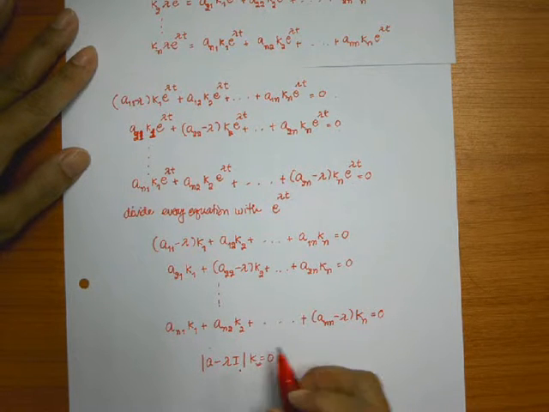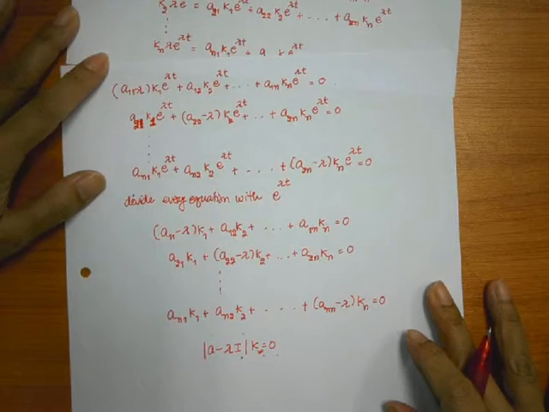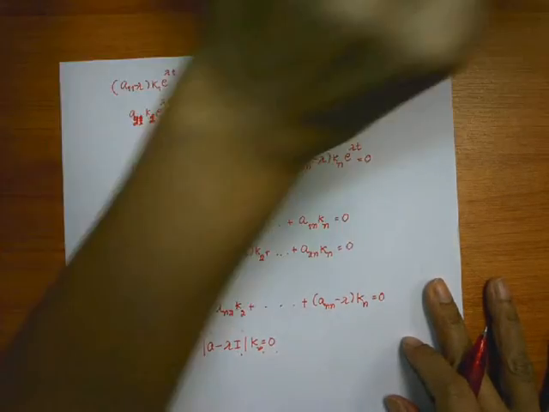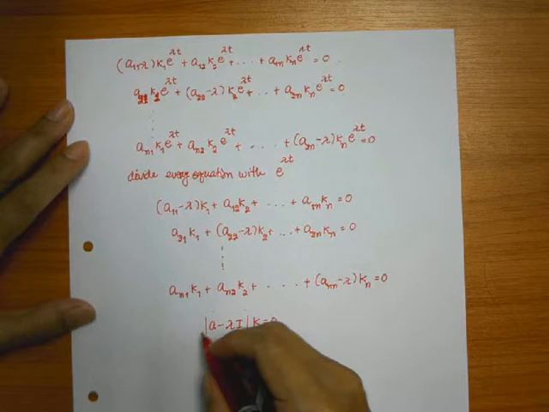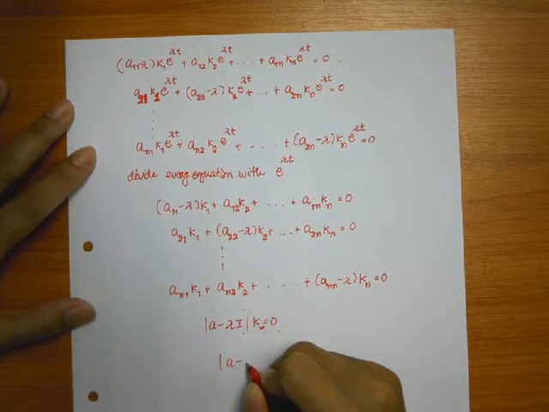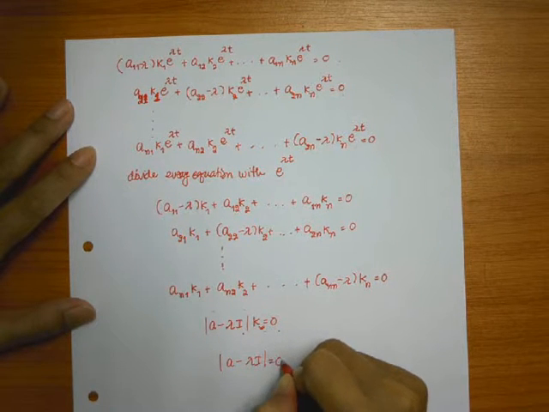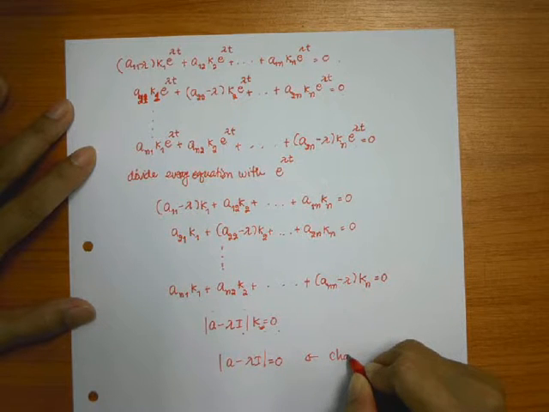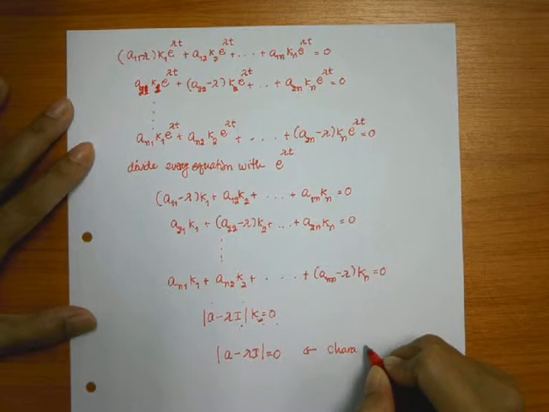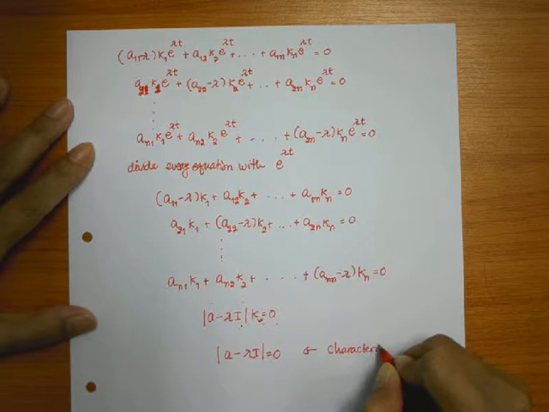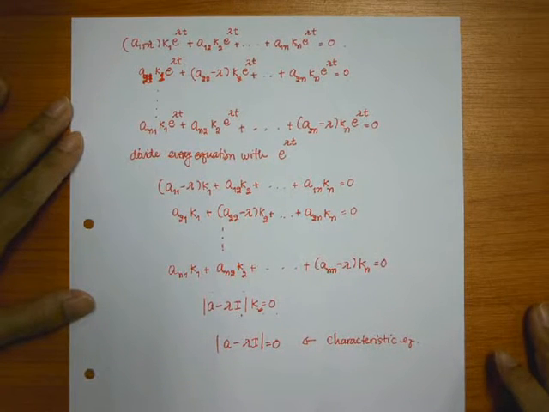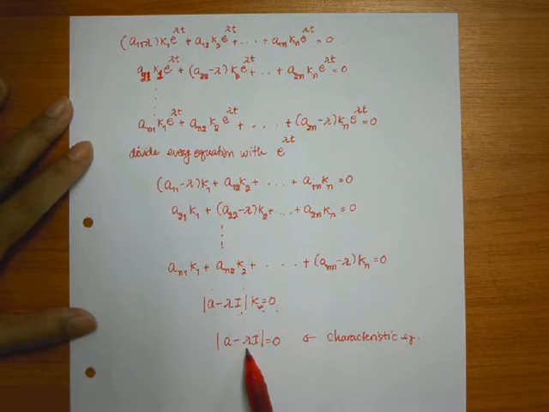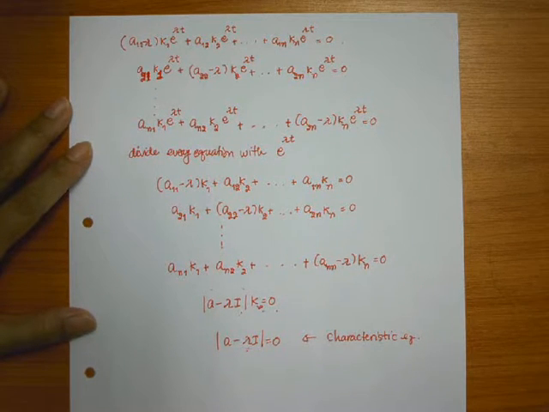So the only thing that could make the equation work is setting the determinant of A minus lambda I equal to 0, and this is called the characteristic equation again. So that means we are going to find the lambda. Lambda we call eigenvalue.